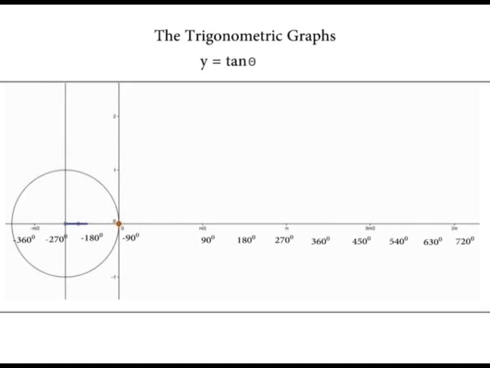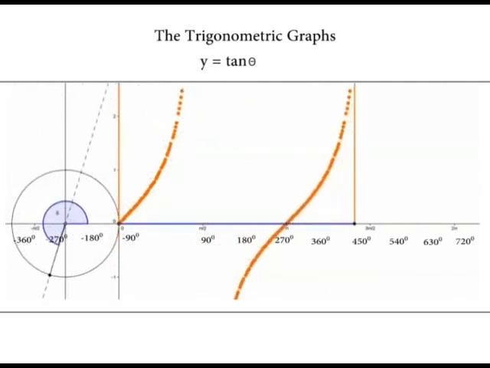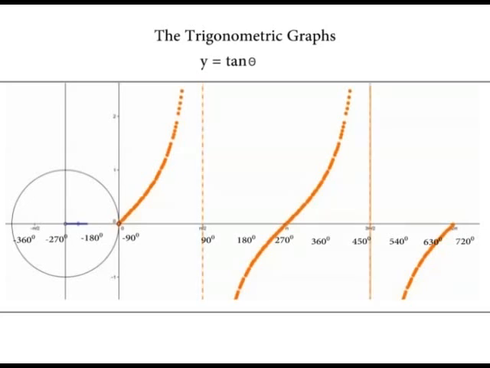So on the graph, from 0, it increases to infinite at 90 degrees, then negative, back to 0, increases to infinite again, then negative, back to 0. So this is the weird graph of y is equal to tan theta.